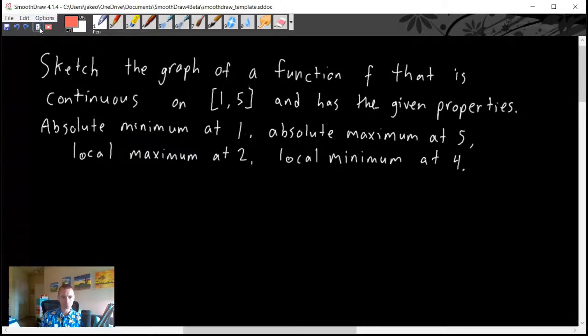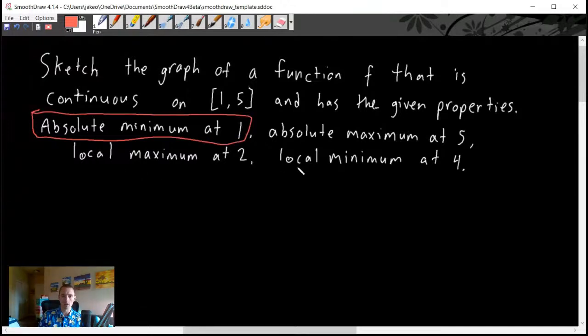So the first thing I'm going to do here is just highlight where we want minimums and maximums. First of all, we have an absolute minimum at x equals 1. And then we have a local minimum at x equals 4. Okay.